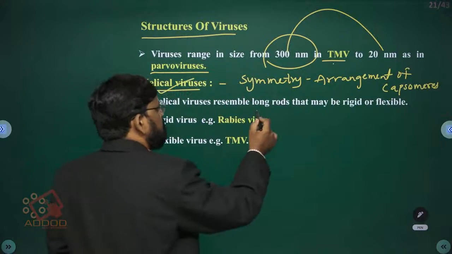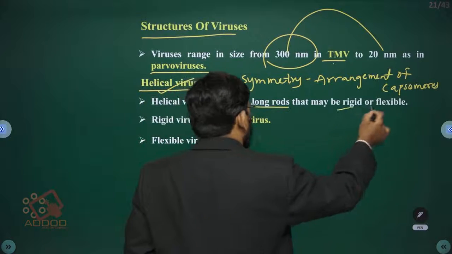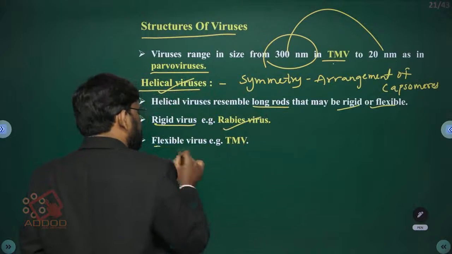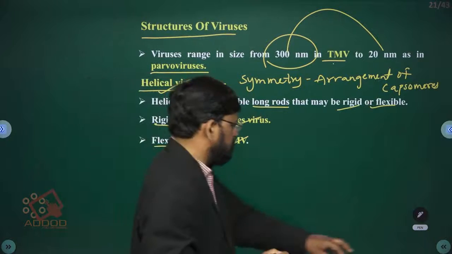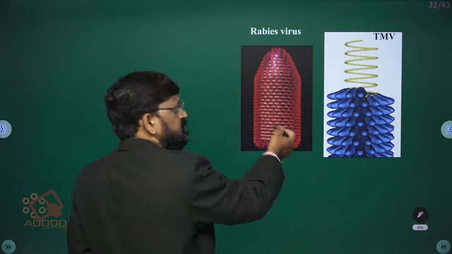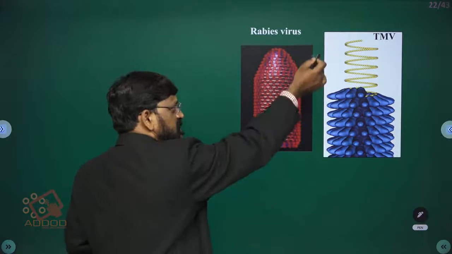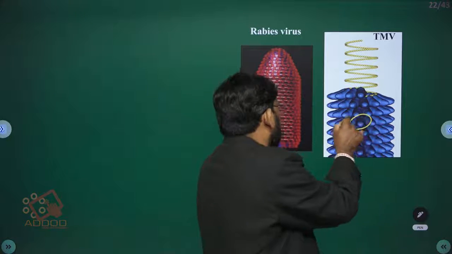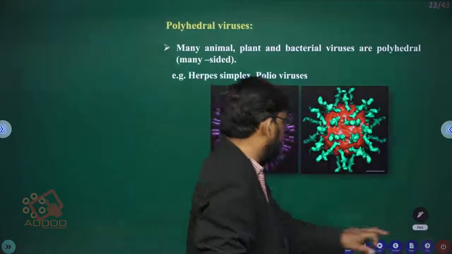These helical viruses resemble long rods that may be rigid or flexible. Rigid virus example rabies virus, flexible virus example tobacco mosaic virus. Next, this is rabies, bullet shaped. This is a bullet shaped virus. This is the helical virus called tobacco mosaic virus, and these are the capsomeres which are arranged helically.